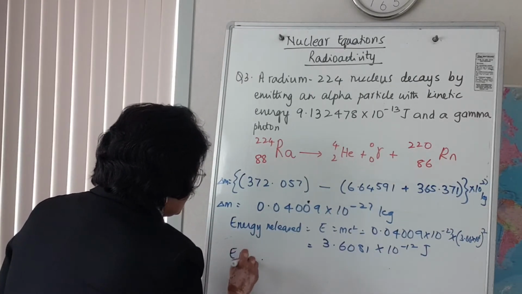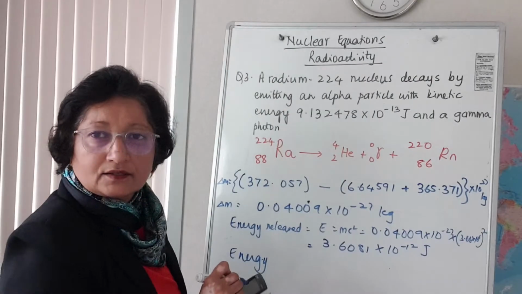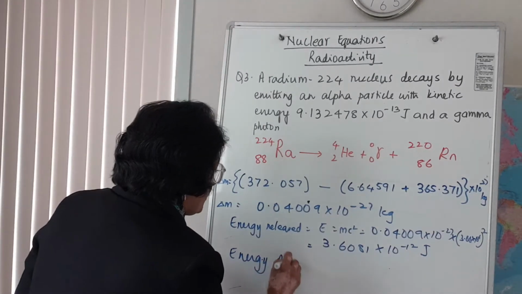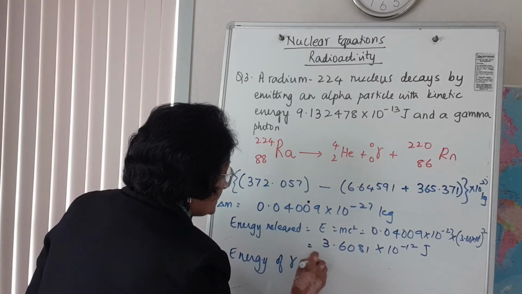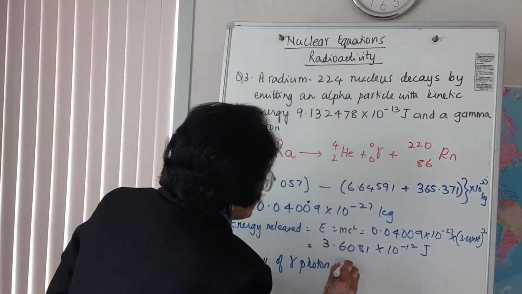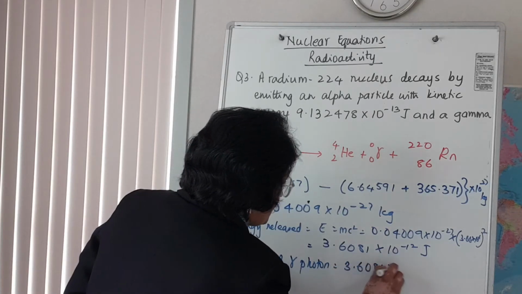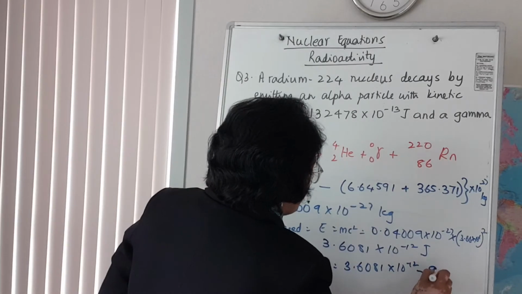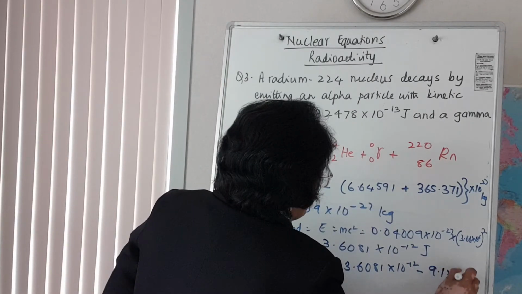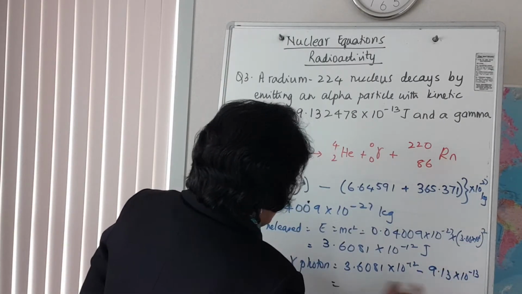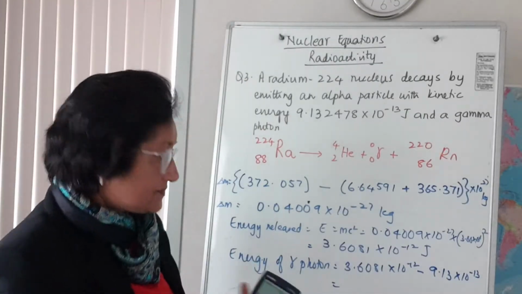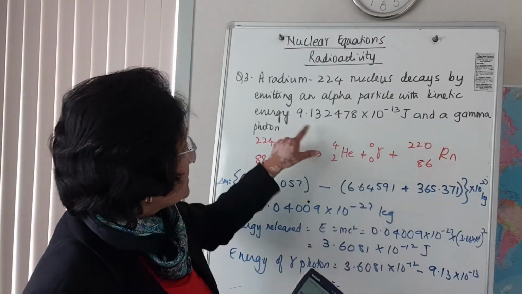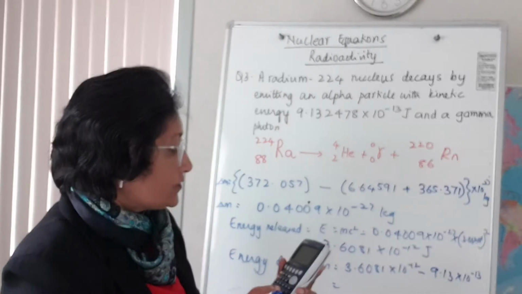So the energy of the gamma photon, can you see what I'm writing? Yeah. You subtract the two. So 3.6081 times 10 to the power of negative 12 minus this big number, 9.13. I've got to put it all into my calculator, but because I don't have space on the whiteboard, I've just written it, but in my calculator I need to put this whole thing.